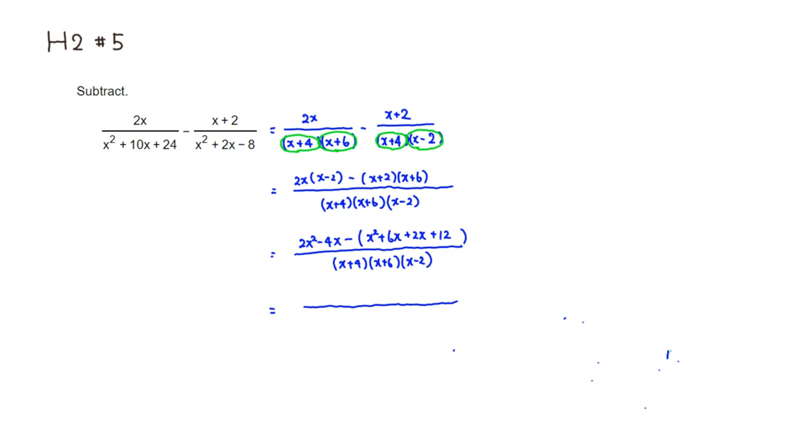Let's collect the like terms. You have 2x squared here and a minus x squared, so this gives you just 1x squared. Then let's collect the x terms. It's negative 4x here, minus 6x, and minus 2x, so that's going to be minus 12x.